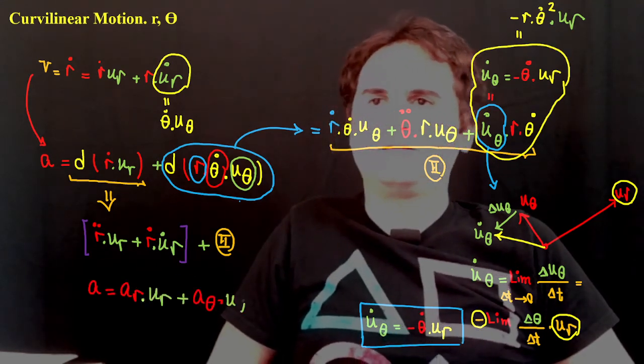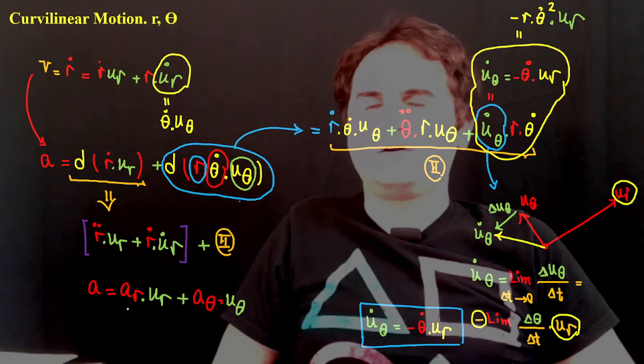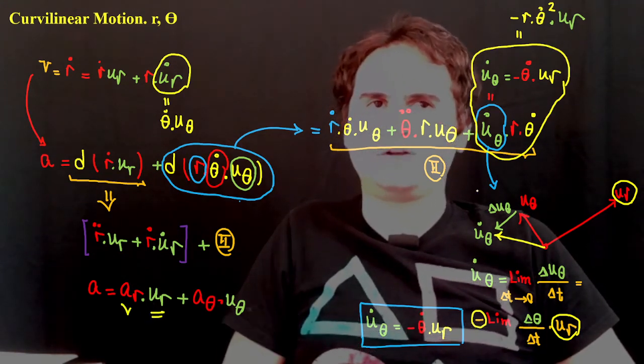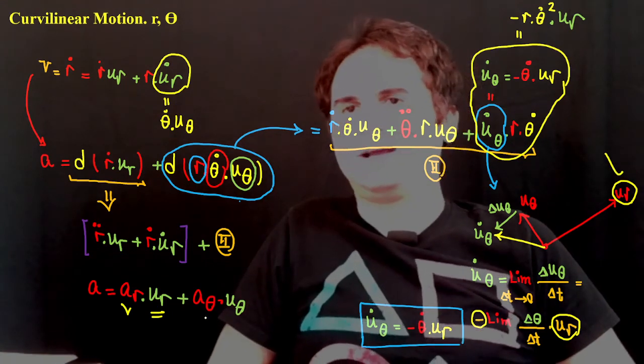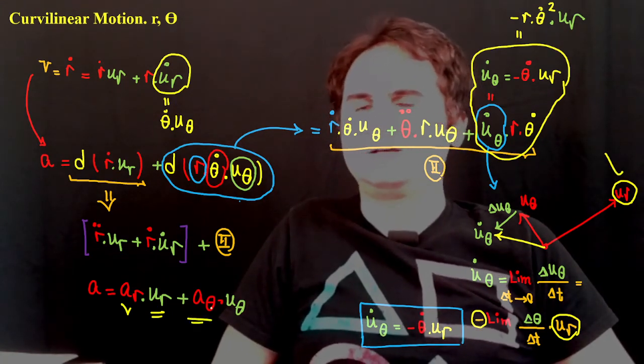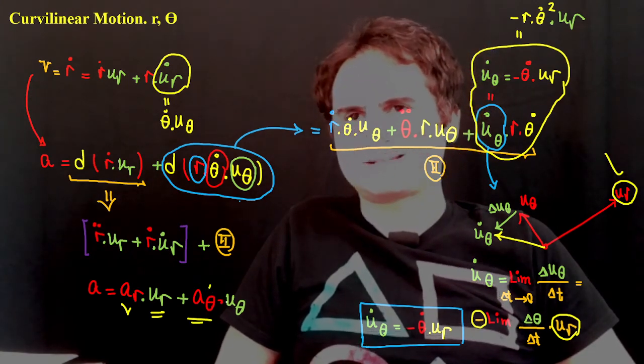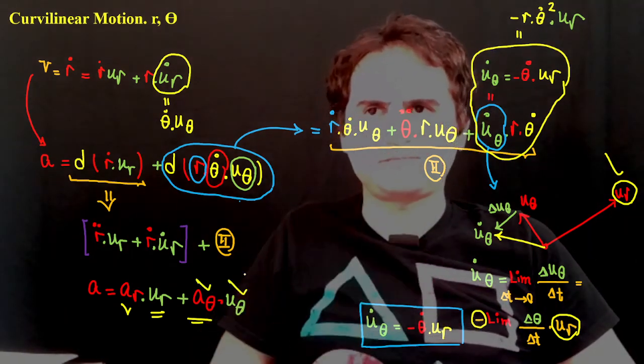So a is like a r, the radius component of acceleration, times the unit vector of radius, which you can see here, and the theta rotational component of the acceleration times u theta.